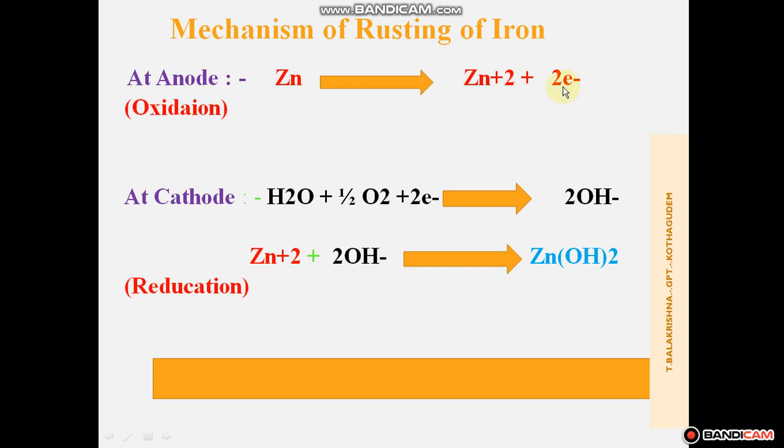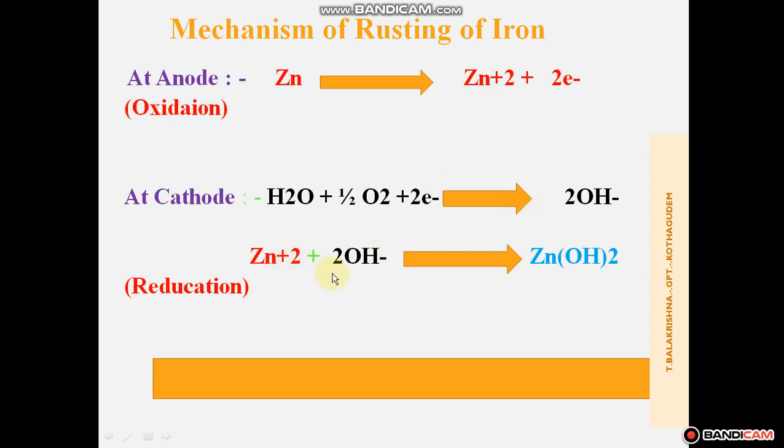These electrons are transferred through the conducting medium and reach the environment, because corrosion, what is the definition? A destruction of metal when it is in contact with environment. So the active agents present in the environment like H2 and O2 gain the electrons coming from the zinc, which are converted into hydroxide ions.